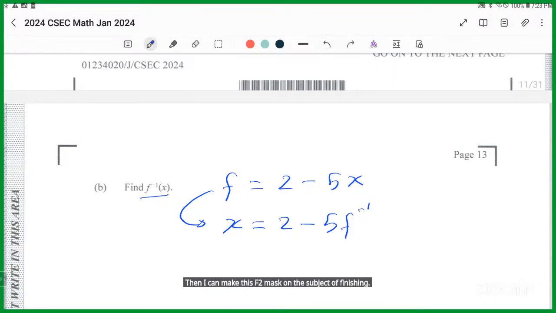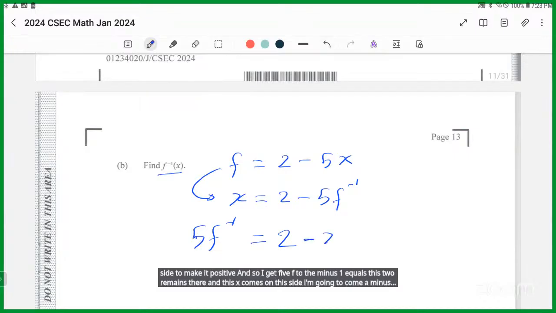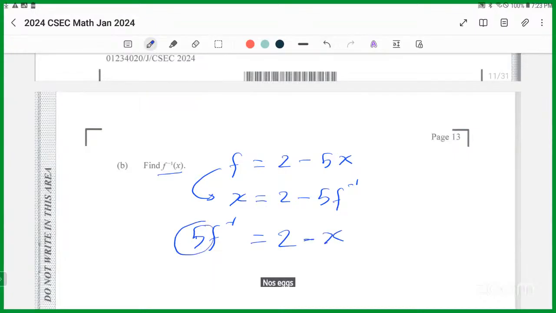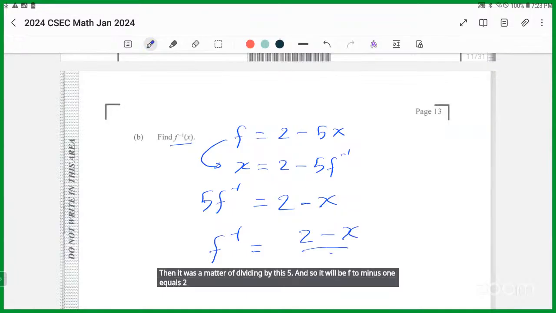Multiple ways to do it. I can take this entire minus 5x, bring it over this side to make it positive. And so I get 5 f to the minus 1 equals, this 2 remains there, and this x comes on this side and becomes a minus x. Then it's a matter of dividing by this 5. And so it will be f to the minus 1 equals 2 minus x over 5.